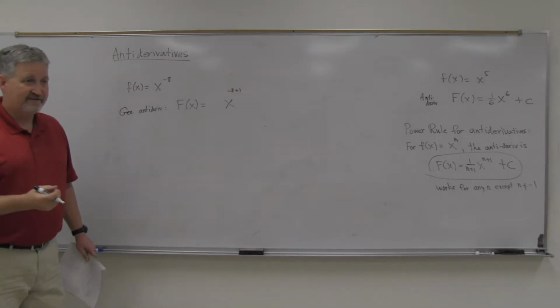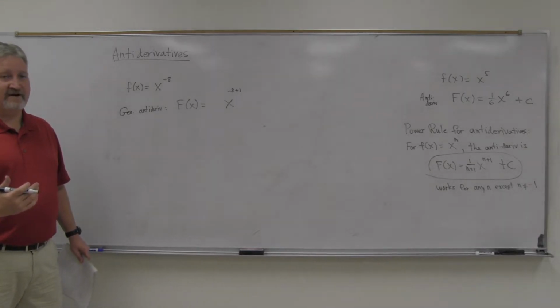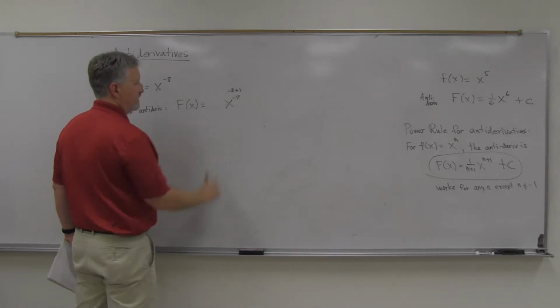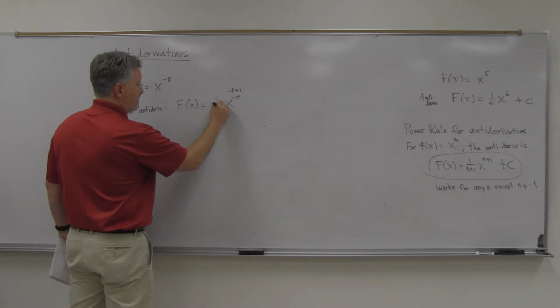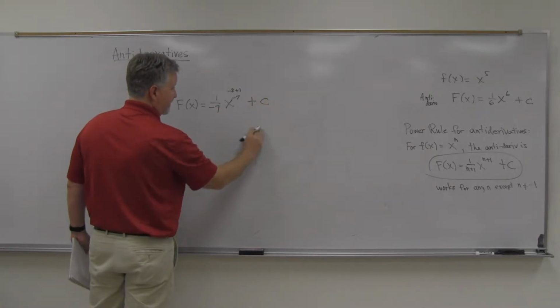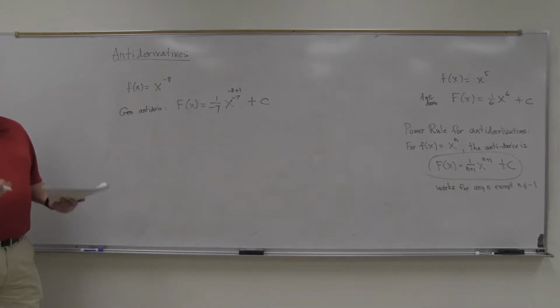Be careful with the negative. Negative 8 plus 1 gives you, not negative 9. Negative 8 plus 1 gives you negative 7, doesn't it? So I would take 1 divided by negative 7. And don't forget the plus c. When you're doing antiderivatives in general, you need to add the plus c.